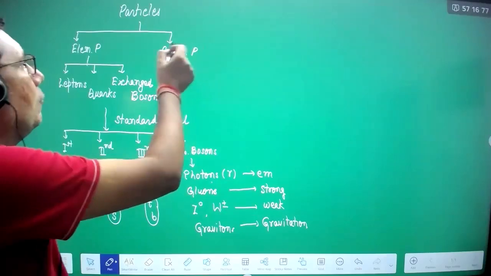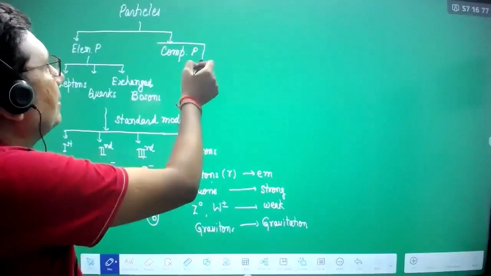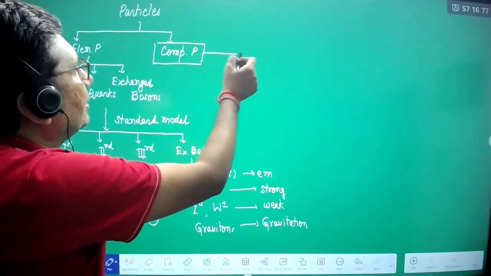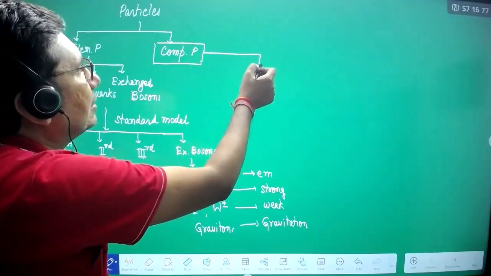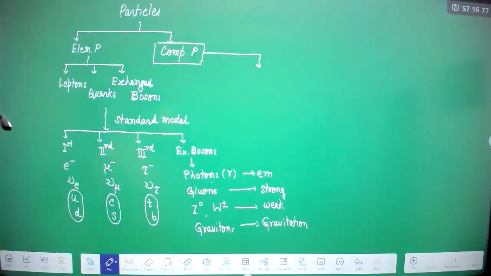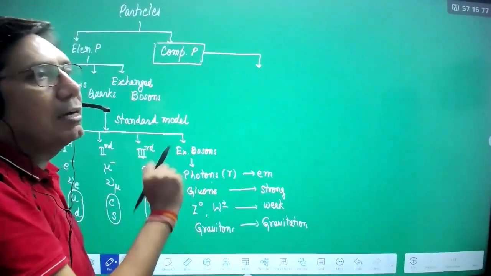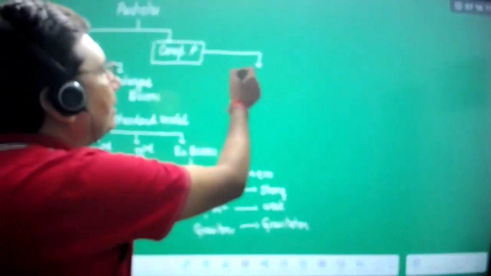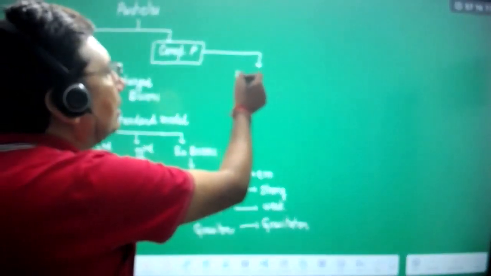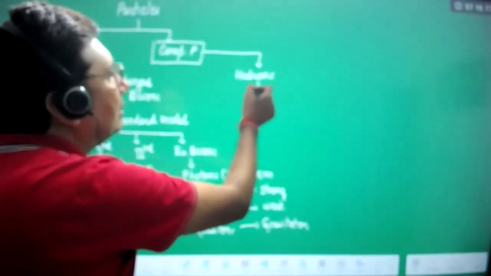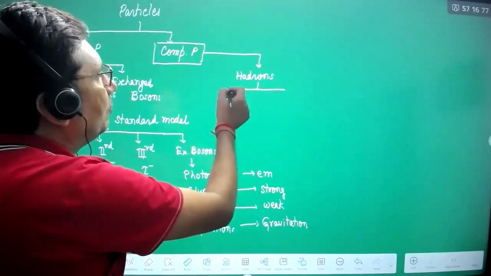And here, composite particles are those particles whose internal structure is known to us. Basically, their quark structure will be known, and they are called hadrons. Hadrons, in general, consist of two types of particles.